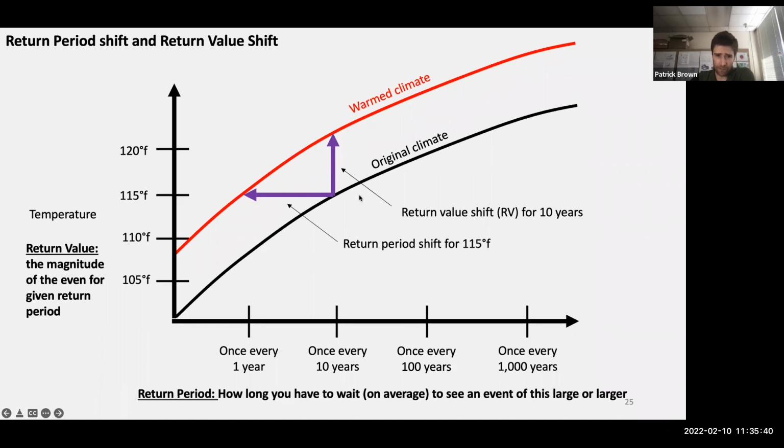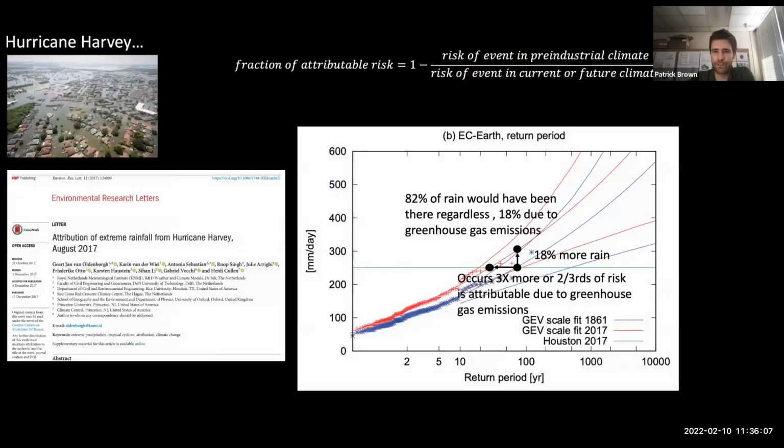This shift in the return period is saying that this type of heat wave is 10 times more likely under climate change. And it's also saying that this type of heat wave is 5 degrees Fahrenheit warmer than it would have been without climate change. The 5 degrees Fahrenheit warmer sounds a lot less than the 10 times more likely, but they are equivalent. And so it's useful to be able to understand that when you're seeing these numbers in headlines.